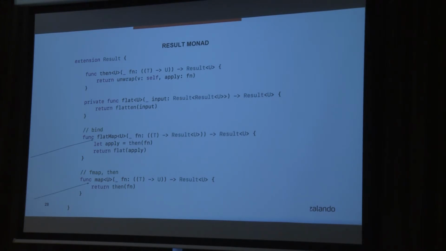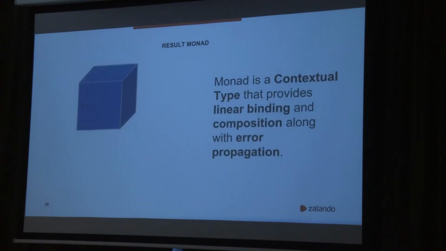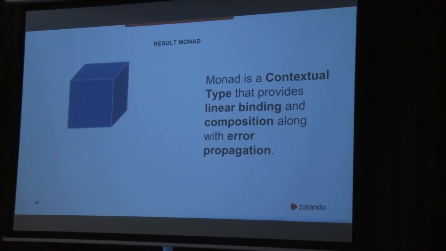Now maybe you've been seeing on the internet that if you have a flat map and map, it becomes a monad, but we'll see why, not what. So a monad is a contextual type, okay? It represents something went wrong or something went right. Rather than giving you int, it gives you something maybe inside that or maybe not. So it's a contextual type that provides linear binding, composition, and error propagation.